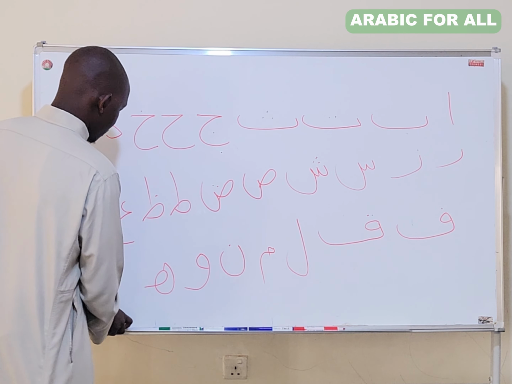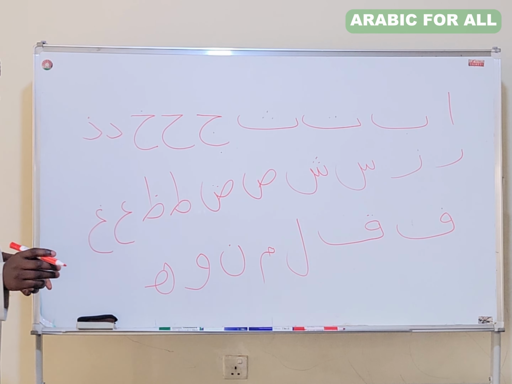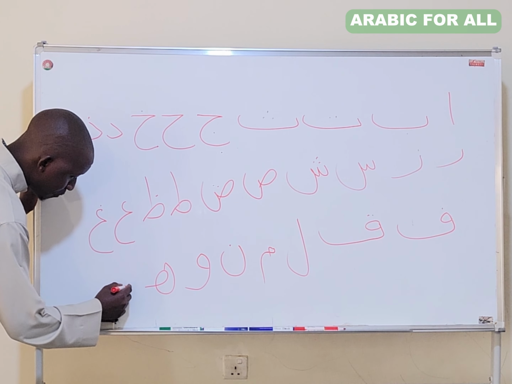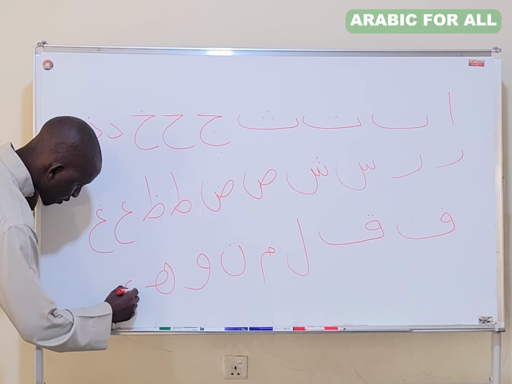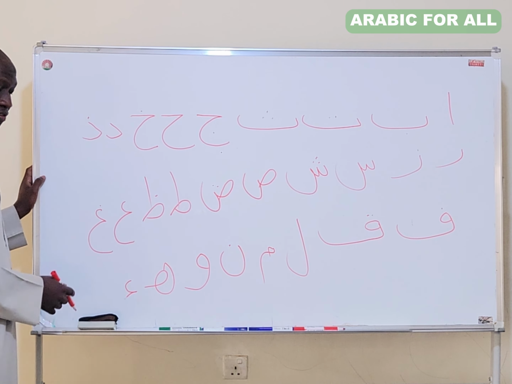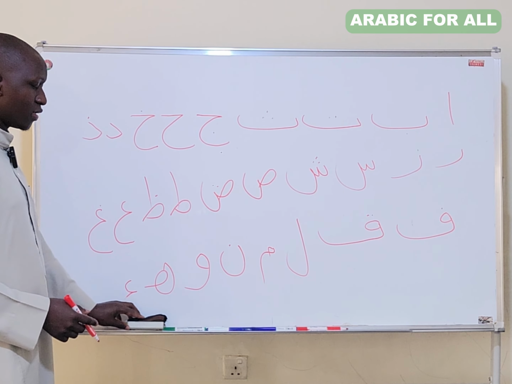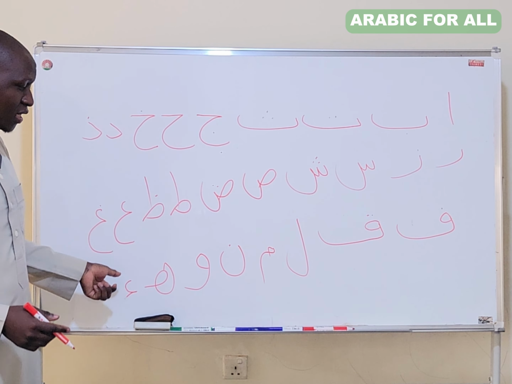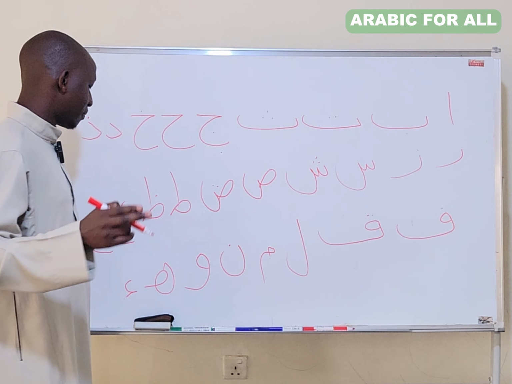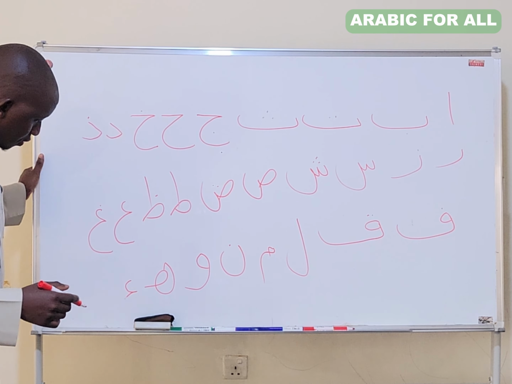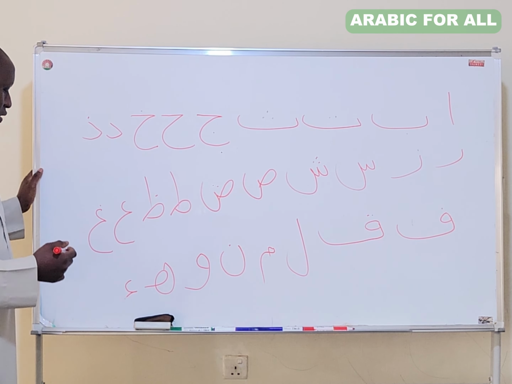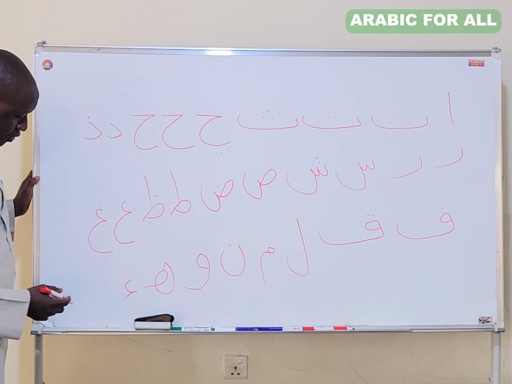Then we have one that is not commonly written, which is called hamza. Normally when the alphabets are being written, it is not written because it works the same as alif. They consider them to be the same because what alif does, hamza can do. What hamza does, alif can do. Except in some instances.